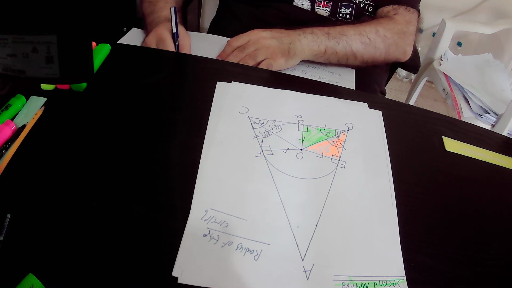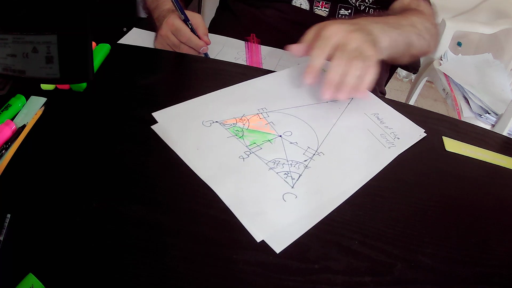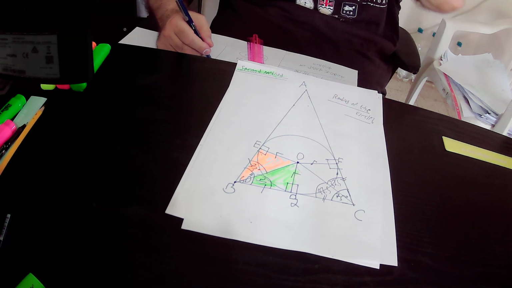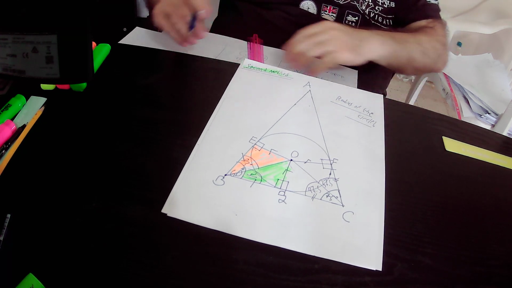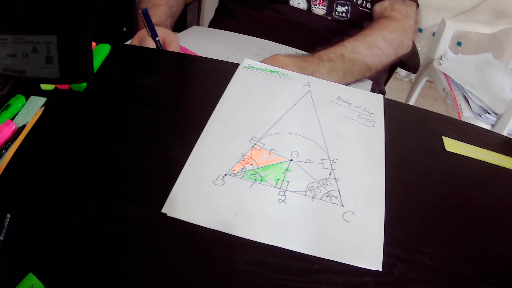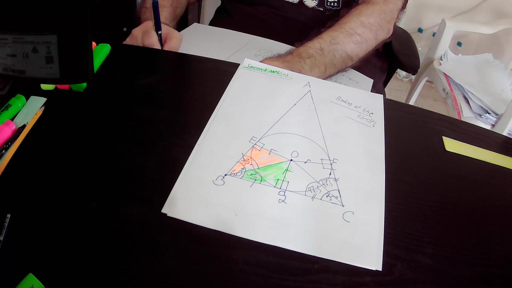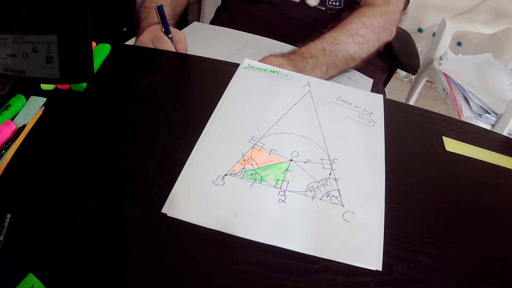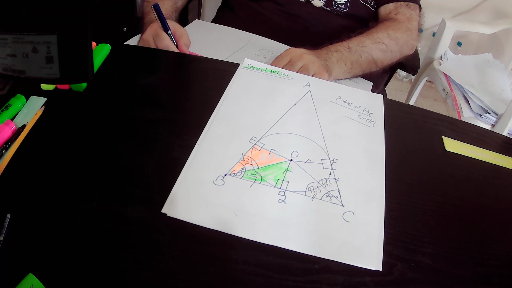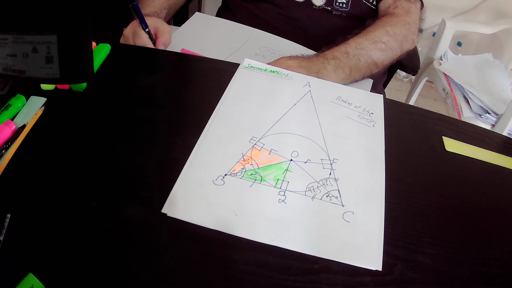So in the next step we will focus on the green triangle OBD. It is very easy to see from the drawing that tangent 30 degrees is equal to OD over BD.